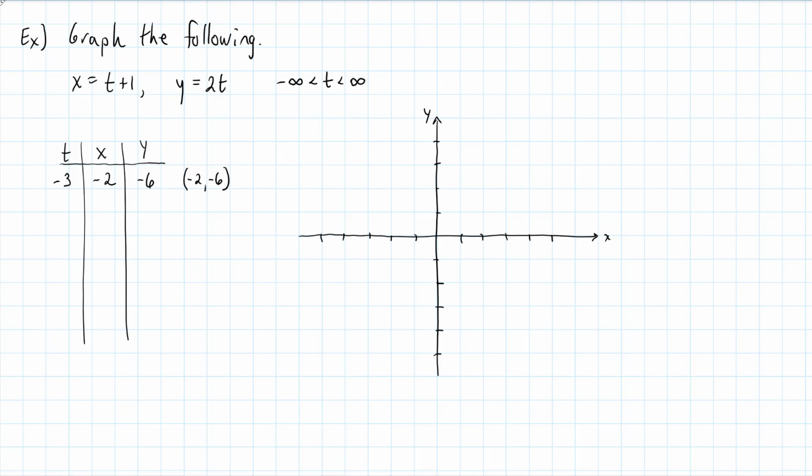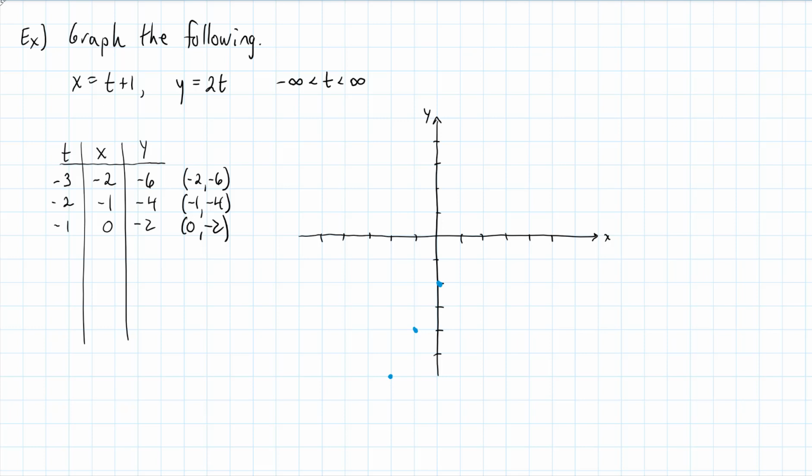So let's go plot that. -2, 1, 2, 3, 4, 5, 6 will be down here. What if I were to plug in -2? Then I'd get -1, -4. So I get another coordinate, -1, 1, 2, 3, 4. What if I were to plug in, say, -1? Then I'd get 0, and then -2. So I'd get 0, -2.